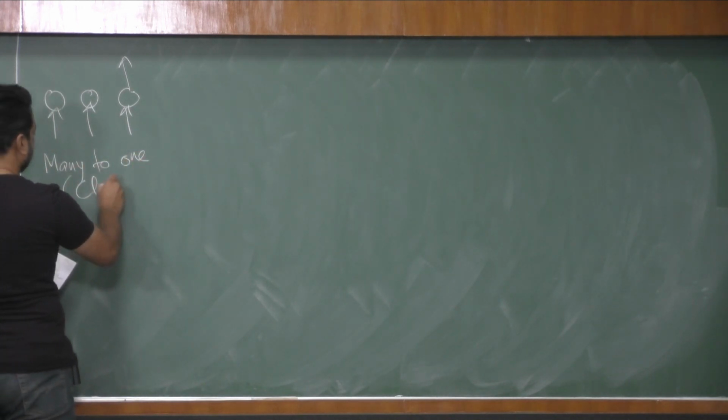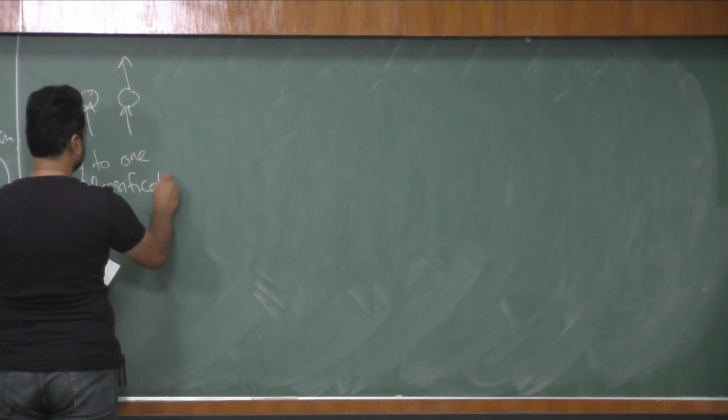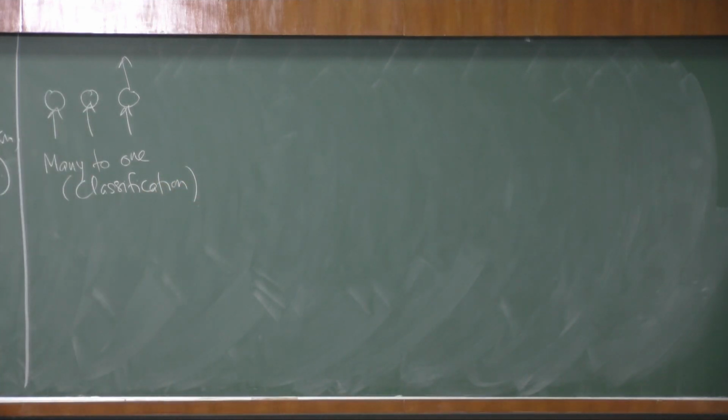This could be seen as a classification problem. So many pixels can go in, and then I need to describe what would be the object in the image. So that would be classification. It could be many text goes in, and then I may have to describe the sentiment. So that could be also seen as a many-to-one model.